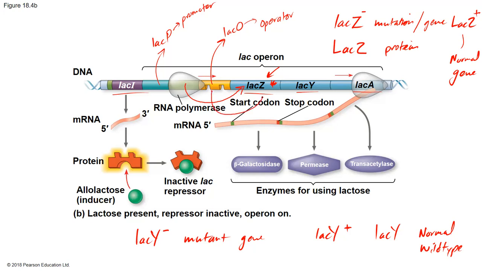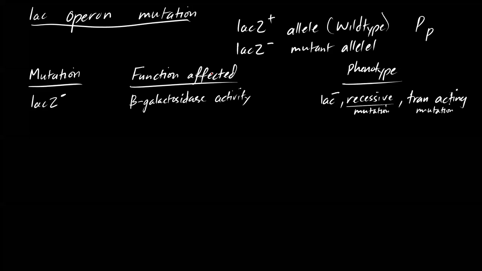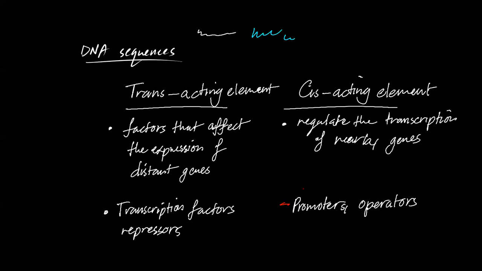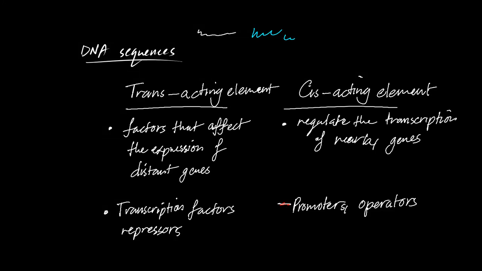This operator is also important for determining whether these genes will be transcribed or not. Okay? So promoters, operators, activators, silencers, they are examples of cis-acting elements.